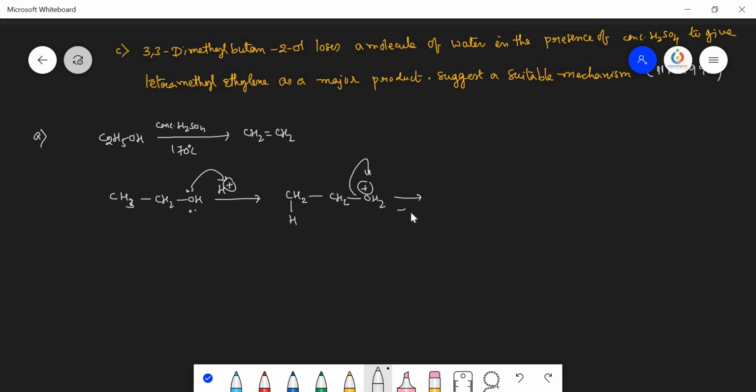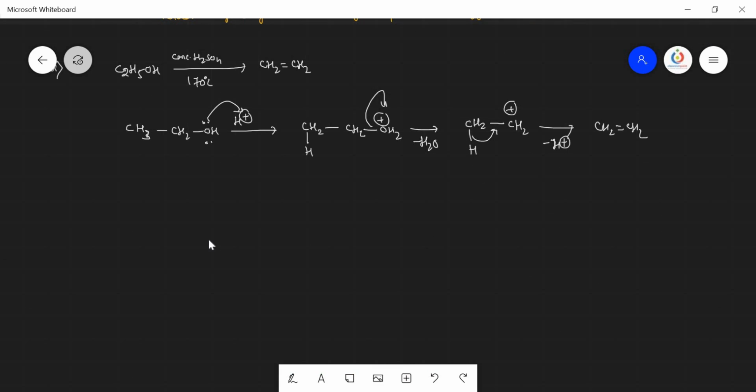Loss of a water molecule, so that a carbocation is the intermediate here. Then CH2 plus, loss of H plus, and ethene has been formed. Now all of this takes place at 170 degrees centigrade.